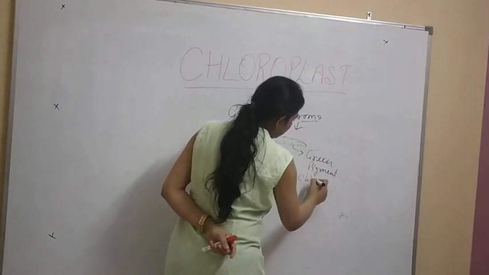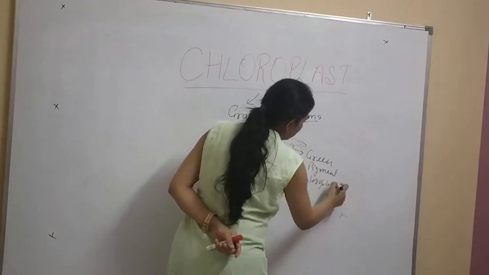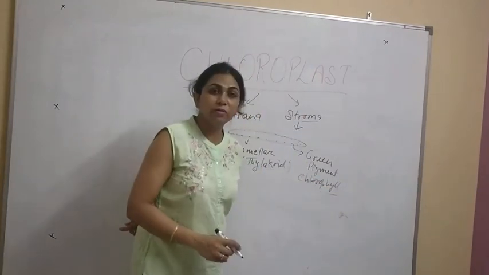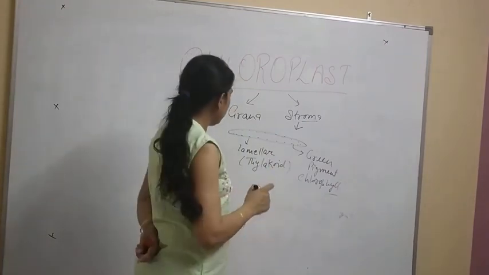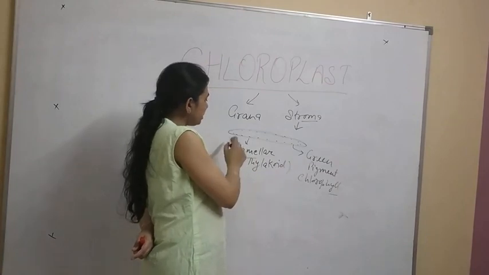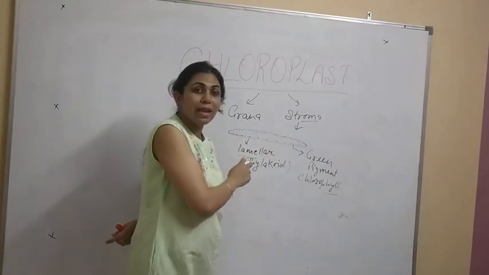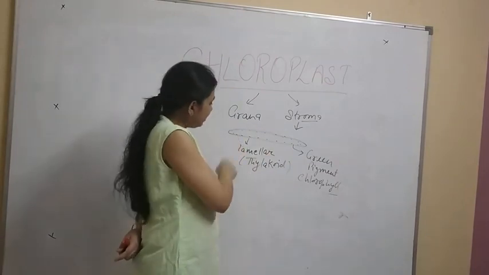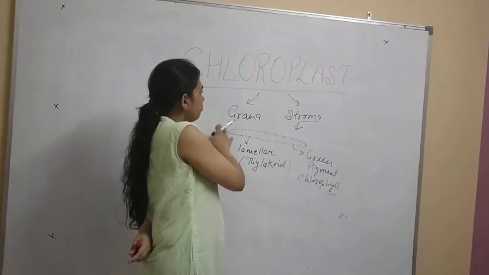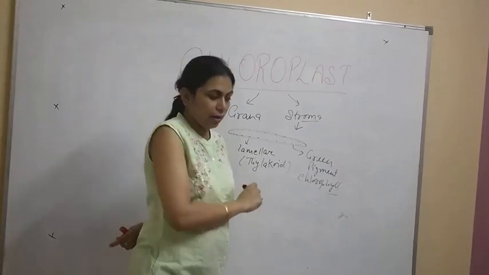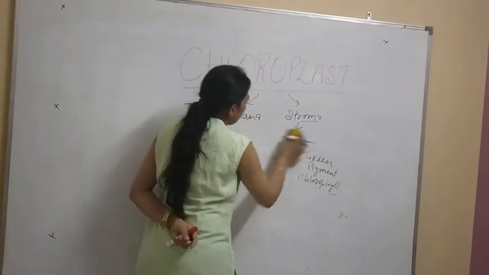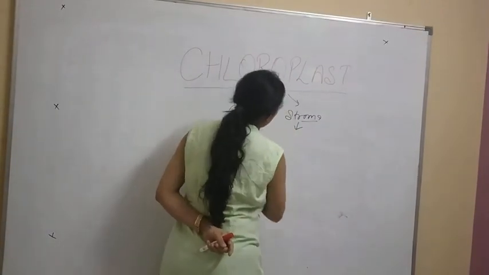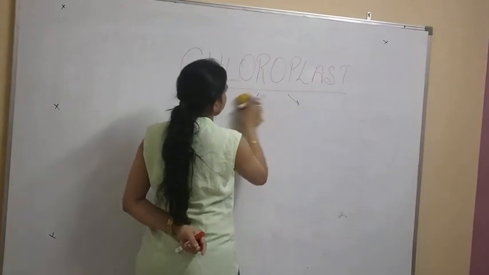The green color of the leaf is because of this green pigment, chlorophyll. This pigment is present in the thylakoid, or you can say lamellar-like structure, and this lamellar-like structure forms the part grana.